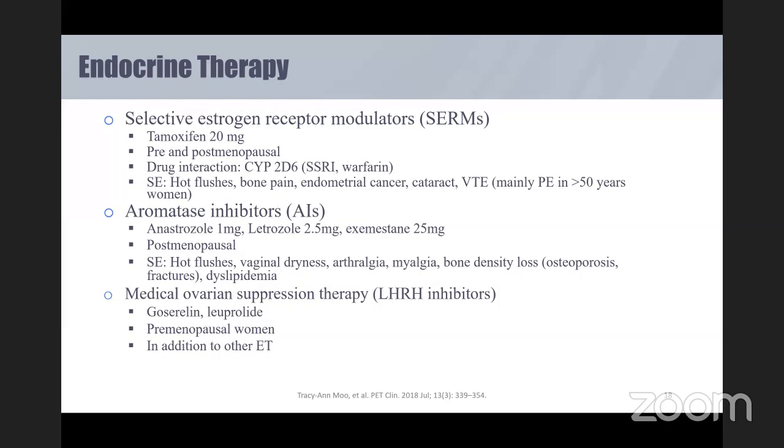So whether we use selective estrogen receptor modulators or aromatase inhibitors, or even endocrine therapy later on, in premenopausal women we have to use ovarian suppression therapy.